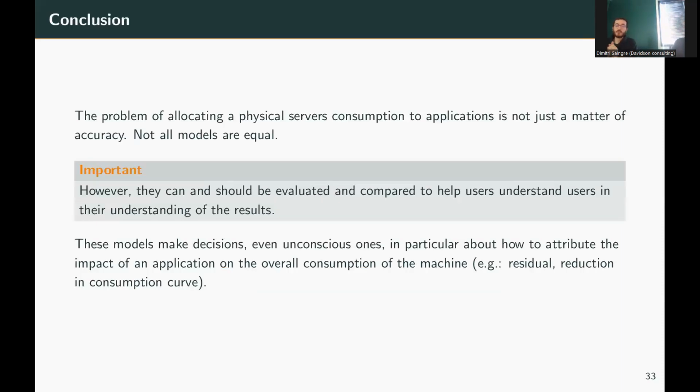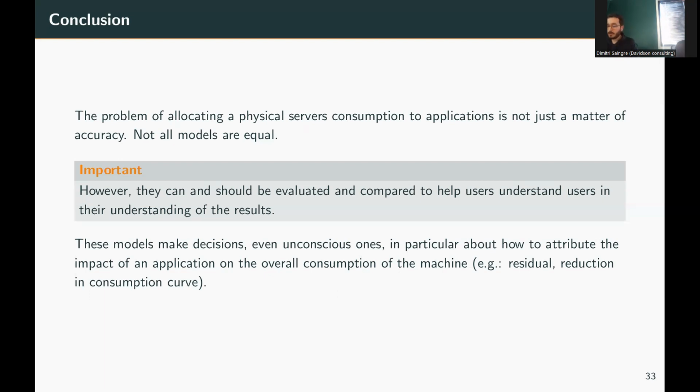So there are several things to conclude about this matter. We still have this issue of allocating the energy consumption of your whole server among different applications. It's not just a matter of accuracy, and not all models are equal. It's important to know this when you are using this kind of model for the energy consumption of different processes on the same server.